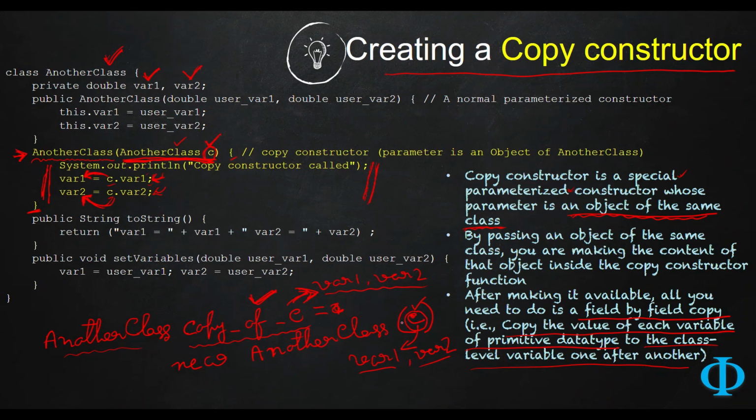Now everything is different. This copy of C's var1 and var2 is entirely different from the original C's var1 and var2, as you can see here. So that's the concept of copy constructor, and this is how you can create a different copy.